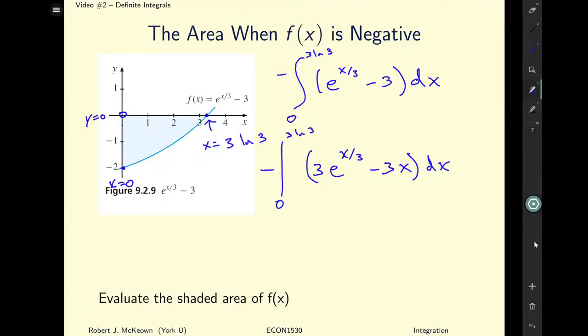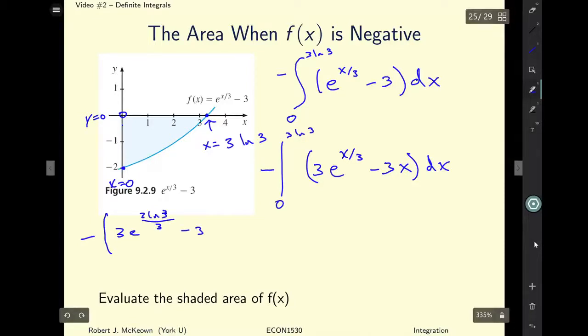Now I've integrated the thing, but I still have to evaluate its limits. I'll start down here and to the left, and we're going to start with a negative sign there. I'll put a big bracket, and then I'm going to write 3e, where the x is now 3 log 3, over 3, minus 3 log 3.